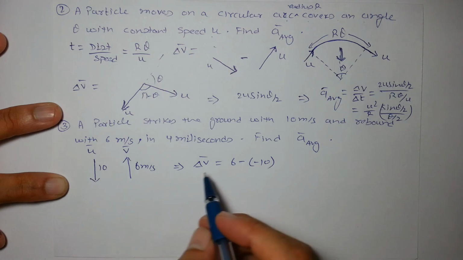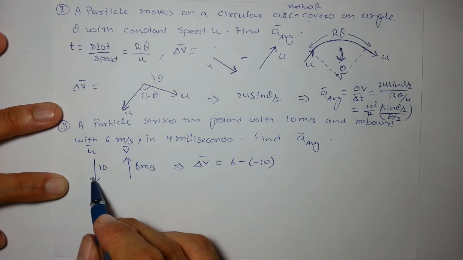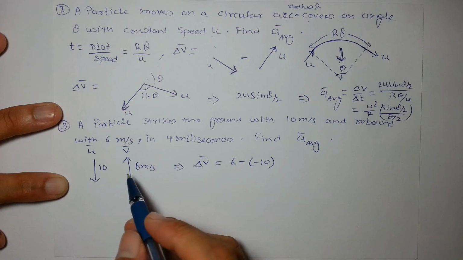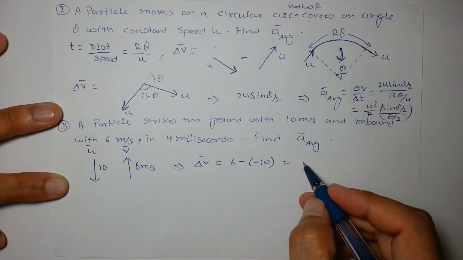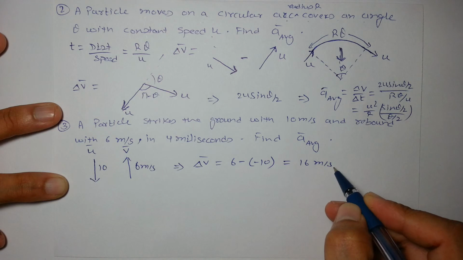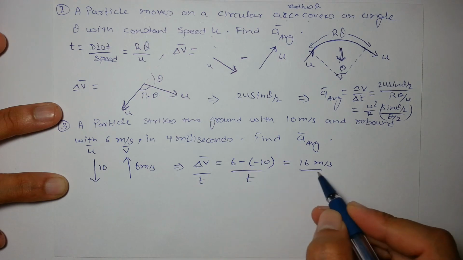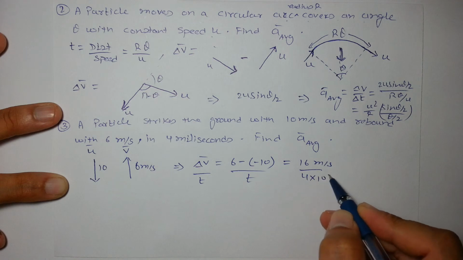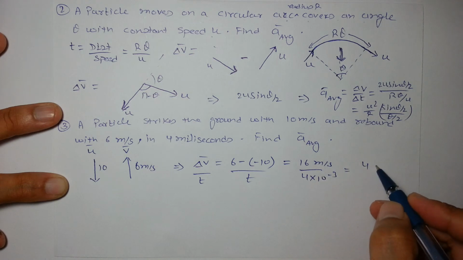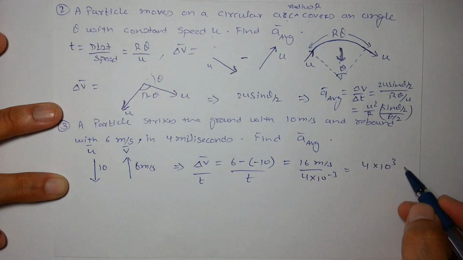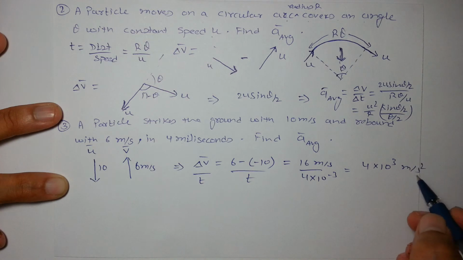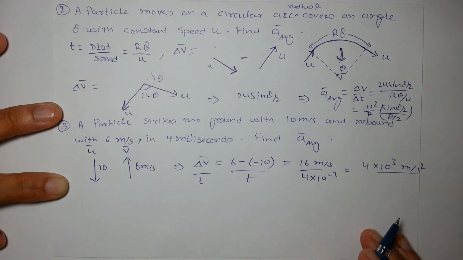Because it is downward, so it has changed its direction. Obviously the change will be 16 meter per second, and time taken is 4 into 10 raised to power minus 3, so acceleration will be 4 into 10 raised to power 3 meter per second square. That is a huge acceleration.